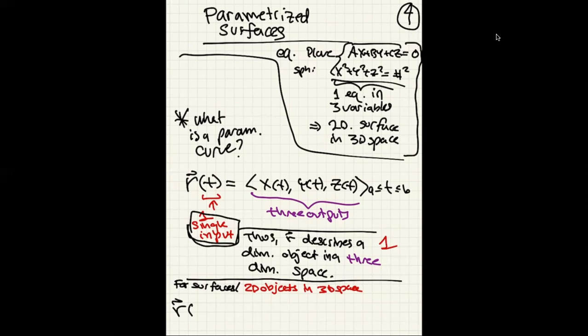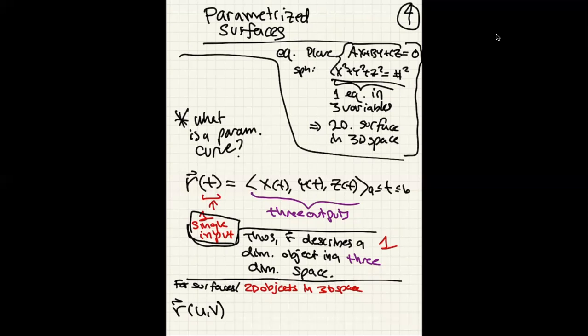So I'm going to use u and v. I like u and v because they really are a pair, a set of twins. Other mathematicians like to use u and v to help the reader know that you're using a 2-variable input.